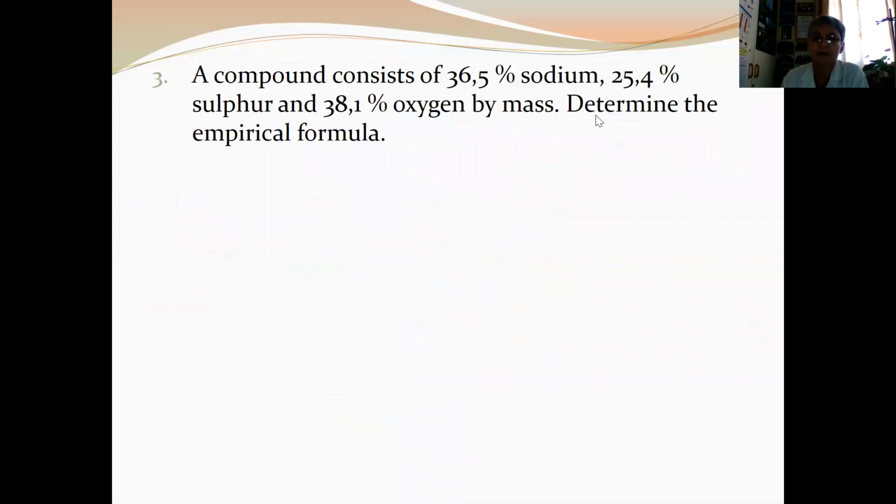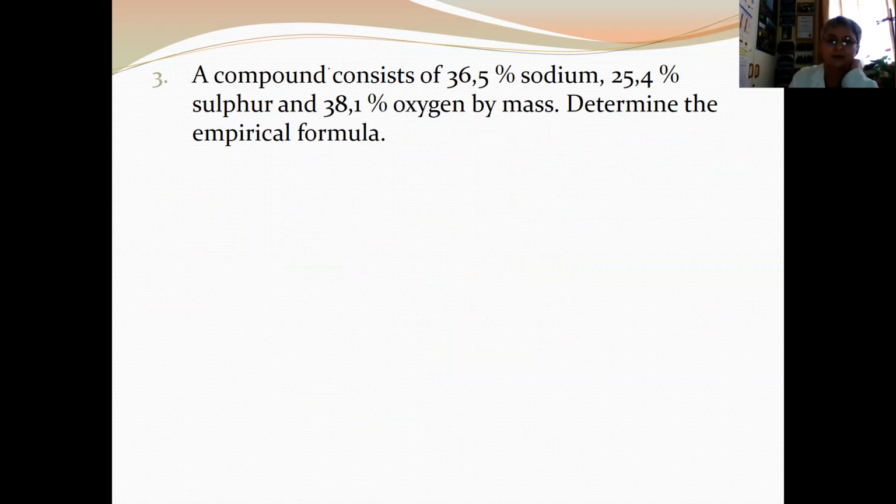A compound consists of 36.5% sodium by mass and 25.4% sulfur and 38.1% oxygen. They say by mass. Determine the empirical formula.